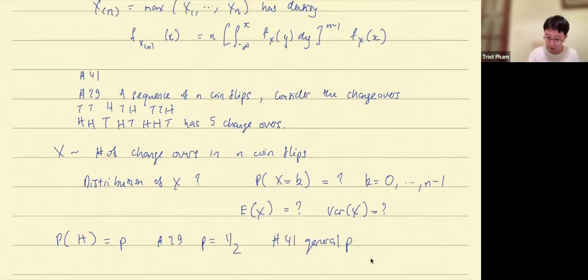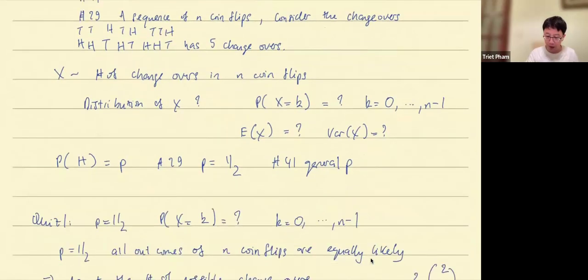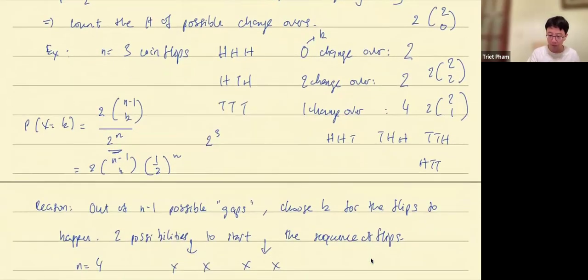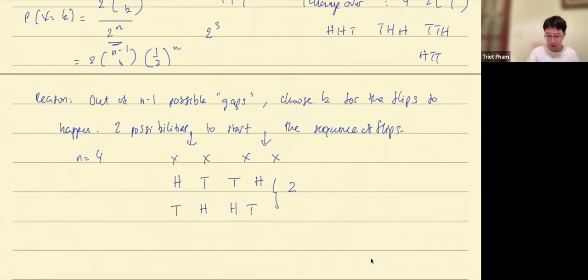All right. So now question number 41 asks you for the expectation of this random variable. And this is for general P. For general P, find the expectation of X. So I guess it can be done in several ways, maybe.